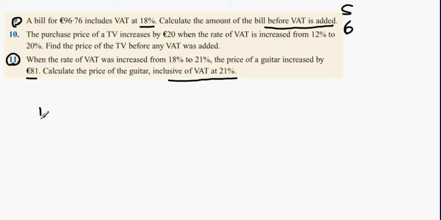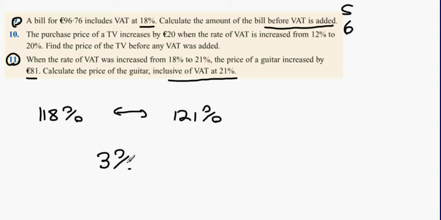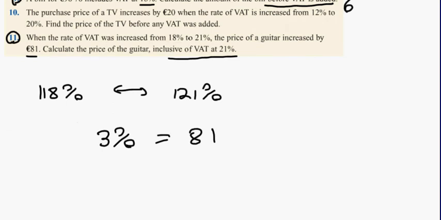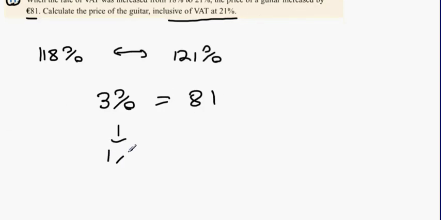Okay, so 118% then gets raised to 121%. The difference between these two values is 3%. So therefore 3% equals €81. And what we have to find out is what 1% is. So we divide by 3 and we get 27.